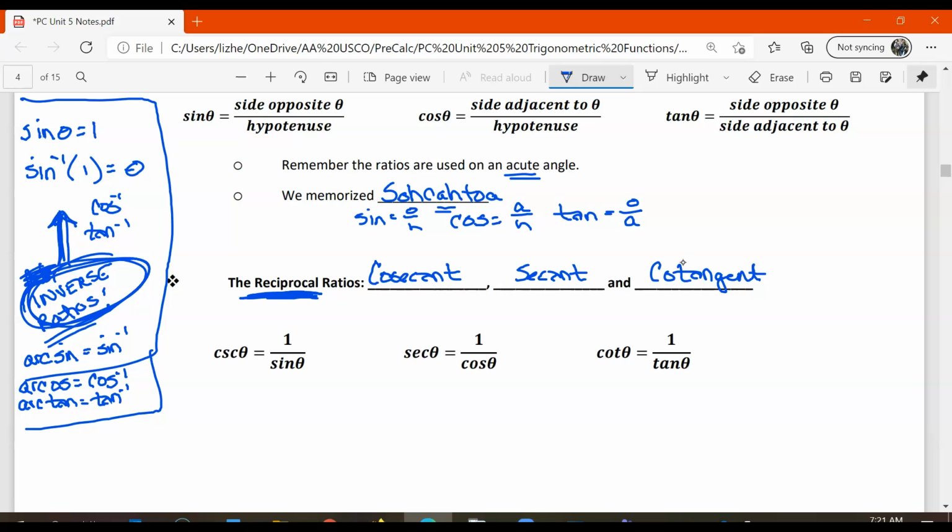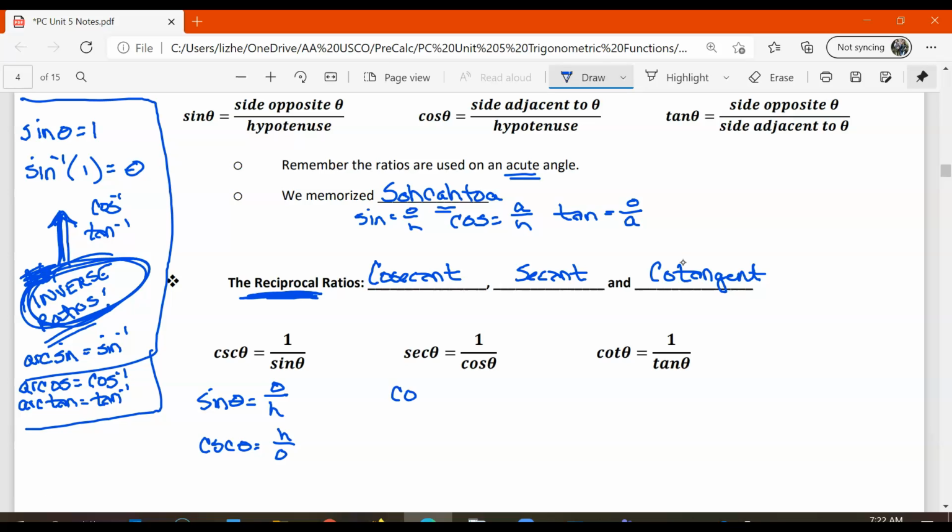All right, so here is your definition. A cosecant is the reciprocal of sine. So basically, if sine of theta is opposite over hypotenuse, then cosecant of theta is hypotenuse over opposite. Secant is 1 over cosine.